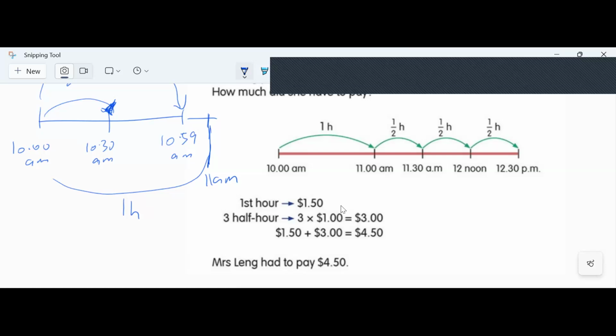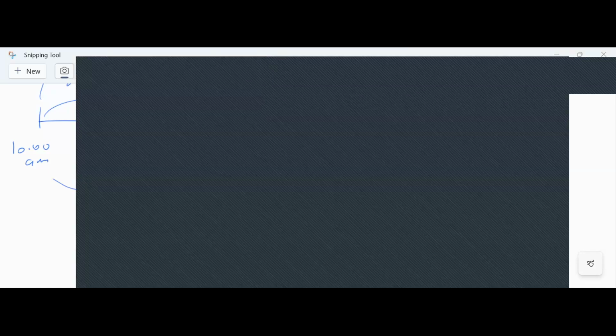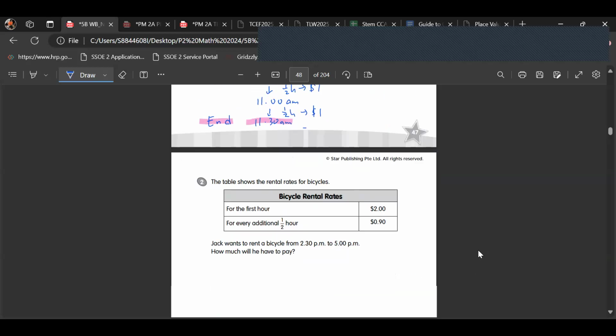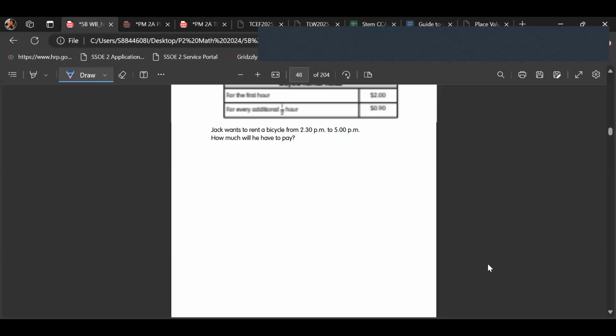So this is the horizontal timeline example from the textbook. Very similar. First hour is this, 3 half an hour, so it's 3 times $1, add up like this. So it's a similar question. Is this okay? Can? Okay, so I just did a vertical, top-down method. All right. So if this is okay, would you want to try 48 on your own?